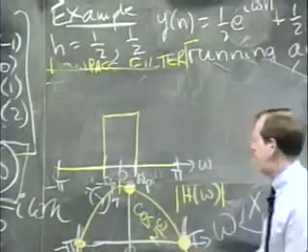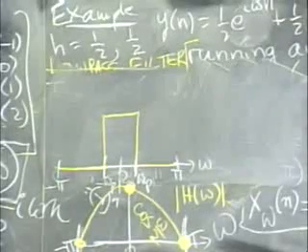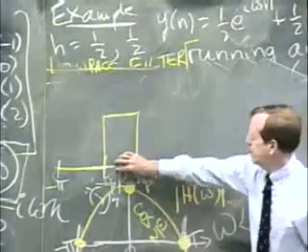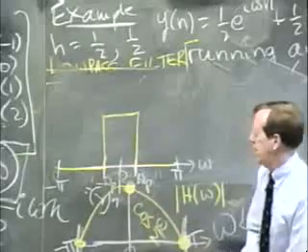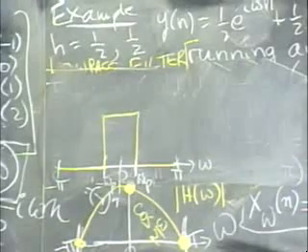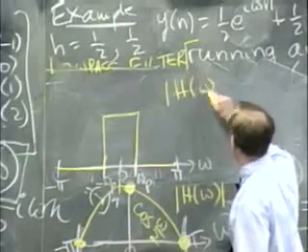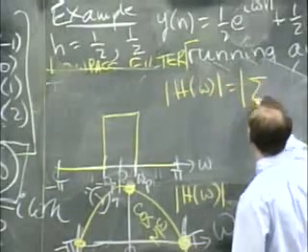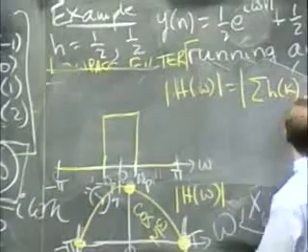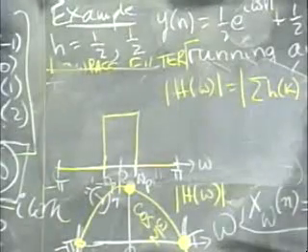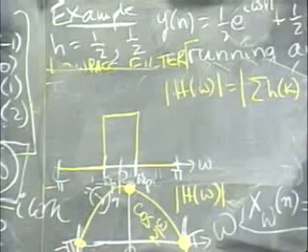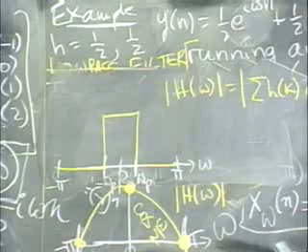That's ideal. It perfectly keeps all these frequencies, perfectly kills all those. That's an ideal filter, and that's a graph of H of omega again, which is the sum of h of k e to the minus i k omega.